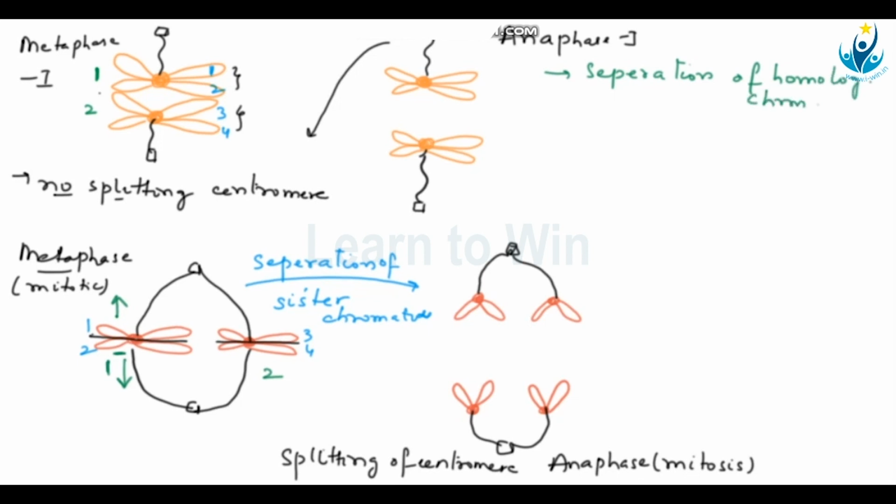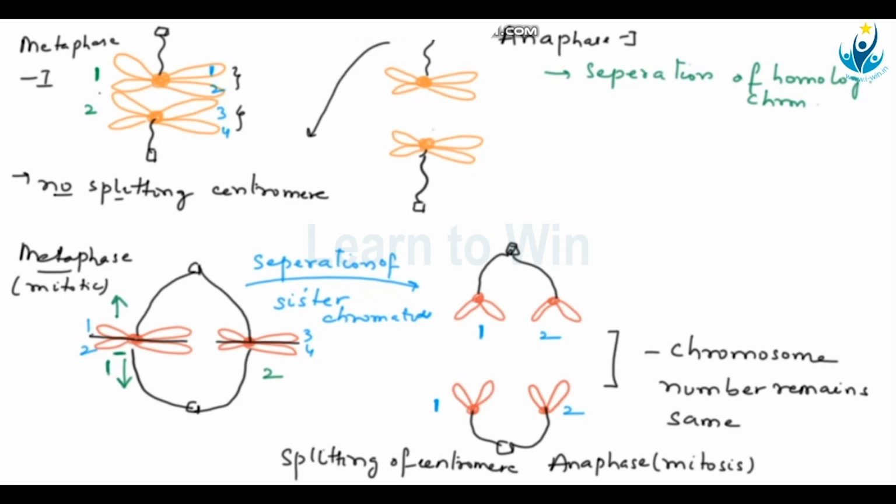Now, if I say that each sister chromatid will act as an individual chromosome in mitosis, which we have already discussed, then after separation the number of chromosomes will be 1 and 2 on the upper pole, and 1 and 2 on the lower pole. So the chromosome number remains the same when the cell undergoes telophase and further cytokinesis.